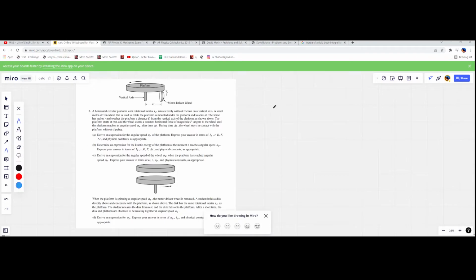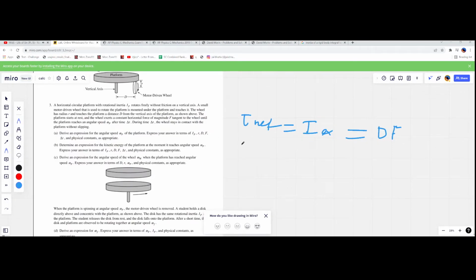So you have that the net torque is equal to I alpha is equal to d, df, that's not an f, d, there we go. Okay, df, that's still not a very good f, but I guess we'll take those.